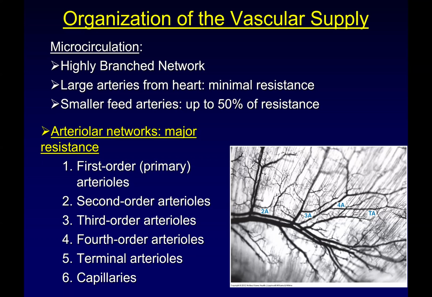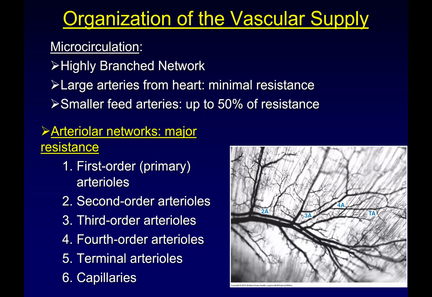Again, sorry, back to physics. Resistance, when you talk about resistance in response to either electricity or the movement of a fluid, means how hard is it to go from one place to the other. And so these smaller feed arteries, the smaller arterioles provide about half of our ability to either let blood come through or keep it from going through in some areas.